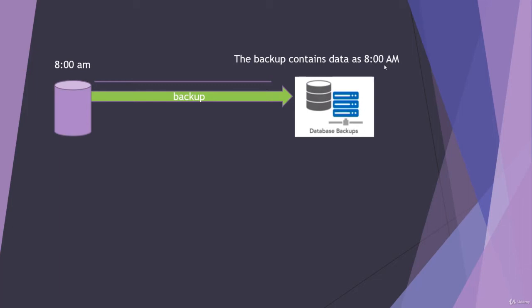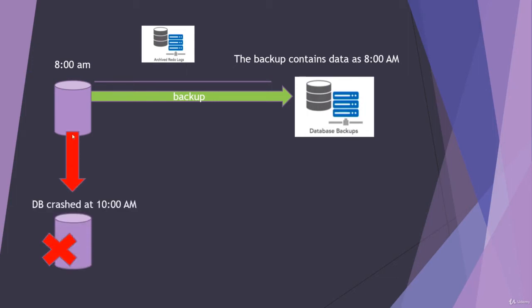So remember that the backup only contains the data as of 8 a.m. Now a very important note: during the backup, the Oracle database still generates the archived redo logs, which contain the changes that happen to the database. Remember this, and this is very important.